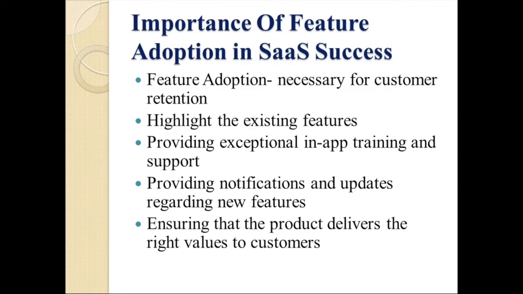Paying for unused features is of no use as well. It won't benefit both the user as well as the firm. So by providing necessary updates and announcements to users, they'll be able to explore and use the investment. They'll be able to explore and try whether it will fit their needs.